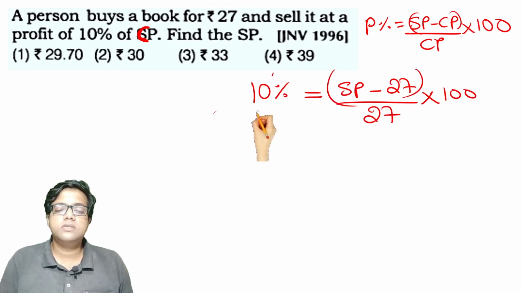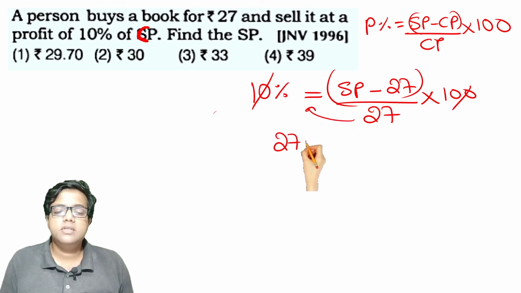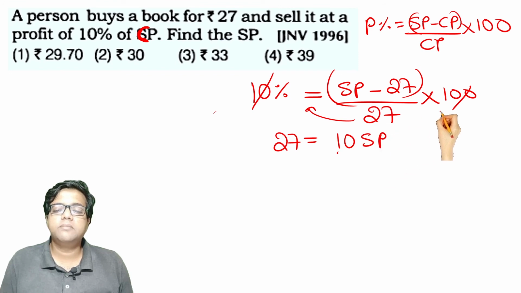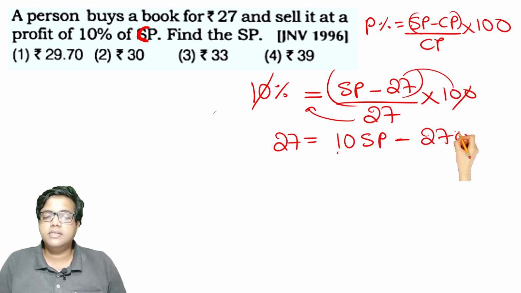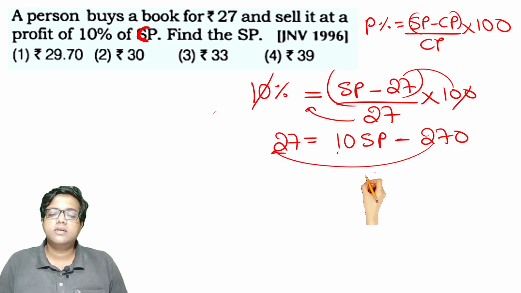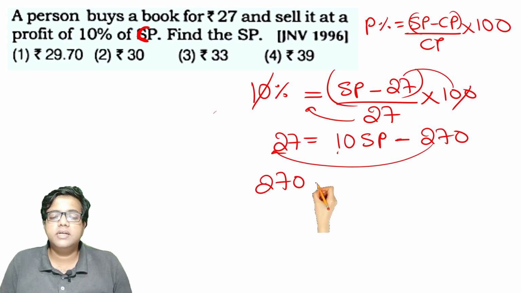This zero goes away. 27 gets cross multiplied: 27 is equal to 10 into selling price minus 10 into 27, which is 270. So this 270 crosses over to the left hand side, and with the negative sign it becomes positive.